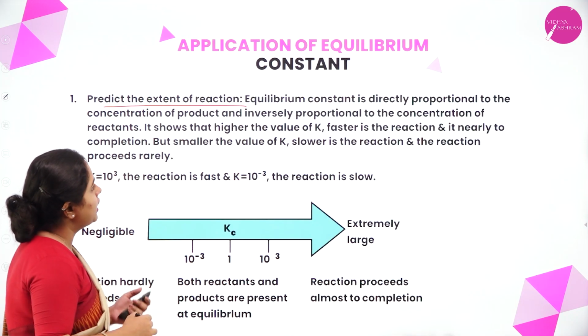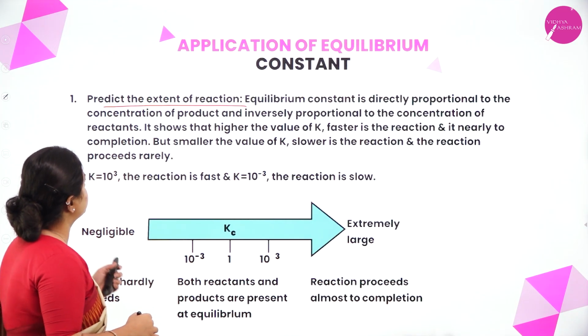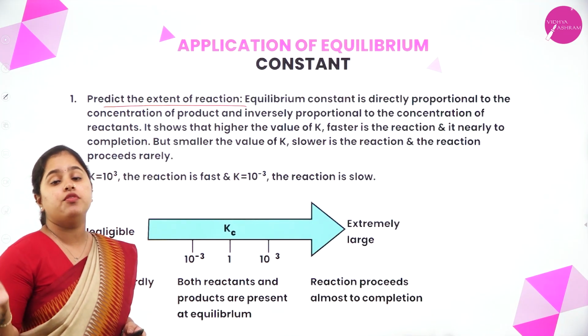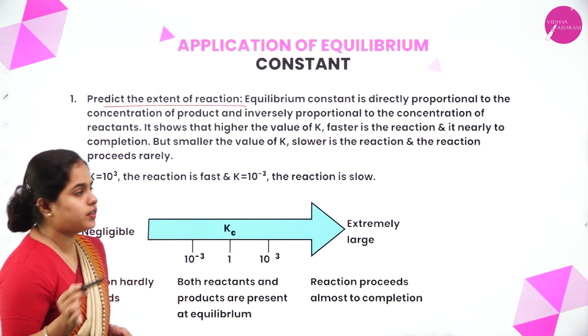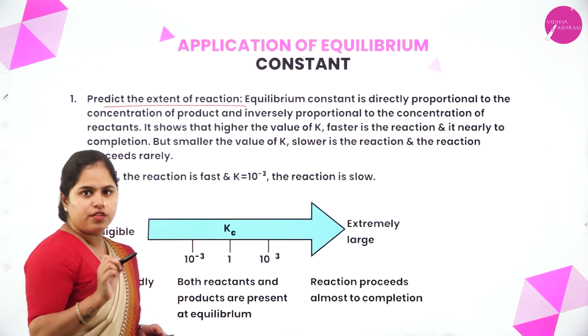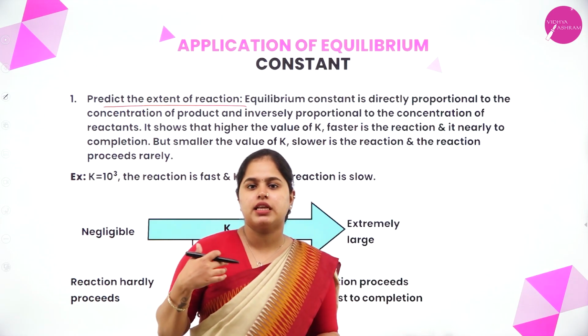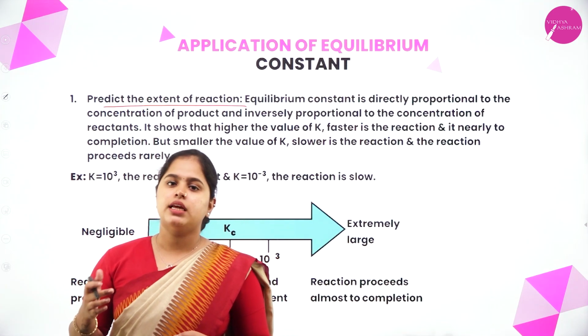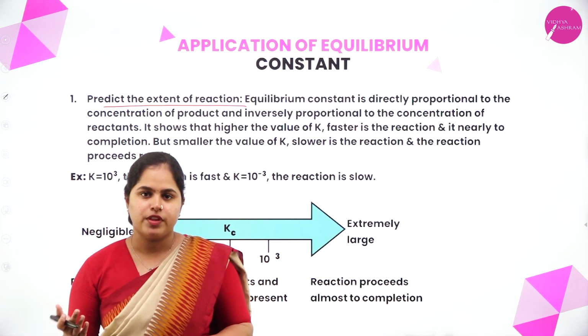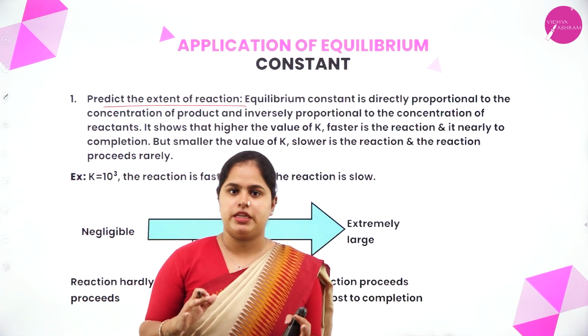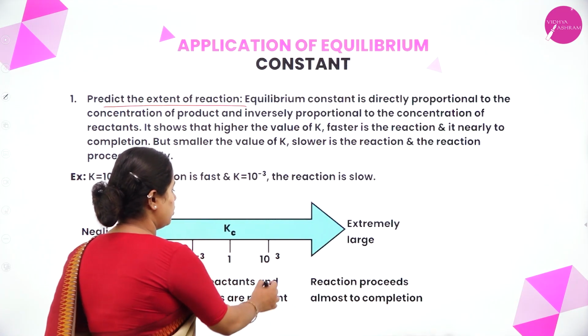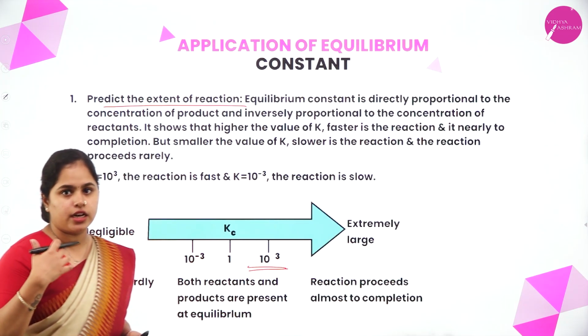Equilibrium constant is directly proportional to the concentration of products and inversely proportional to the concentration of the reactants. That means that if the value of Kc, the equilibrium constant, is high, the reaction is almost near completion.